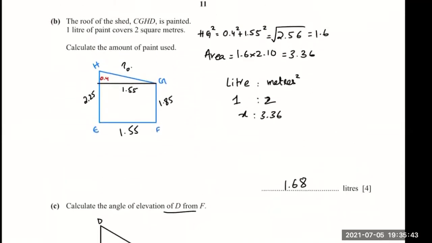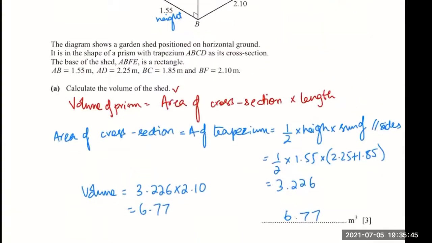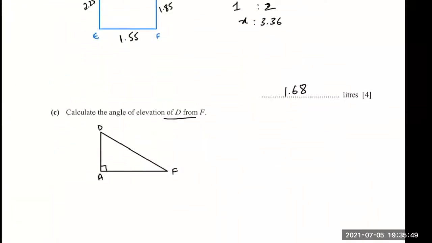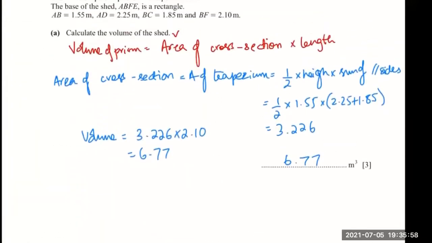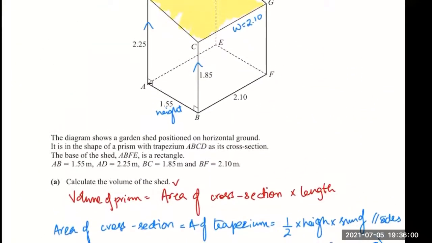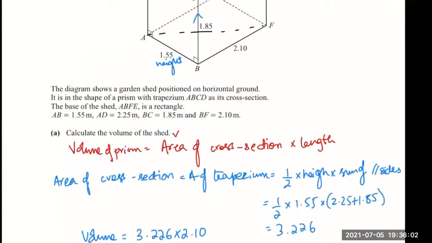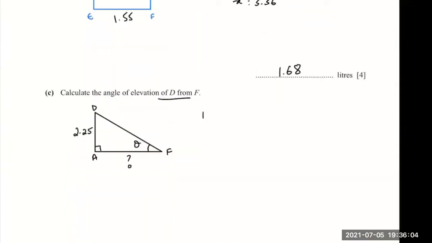That is what I want to find out. AD is 2.25, that I'm clear about. If I want to find FA and I want to find this angle, how do I find FA? For FA, I can use this triangle at the bottom and say that FA squared would be 1.55 squared plus 2.10 squared.